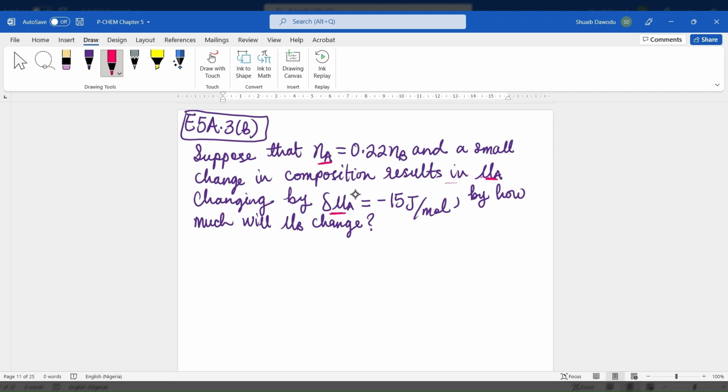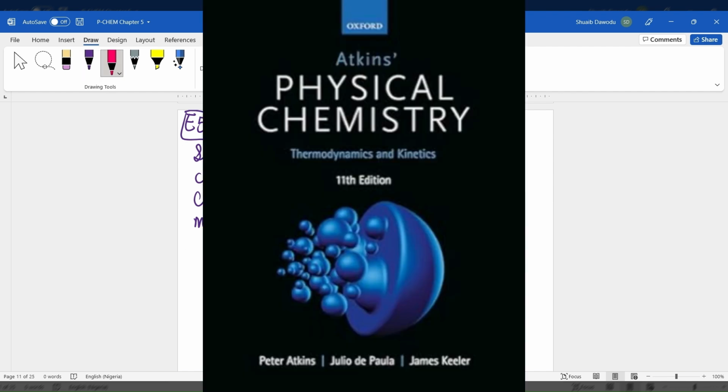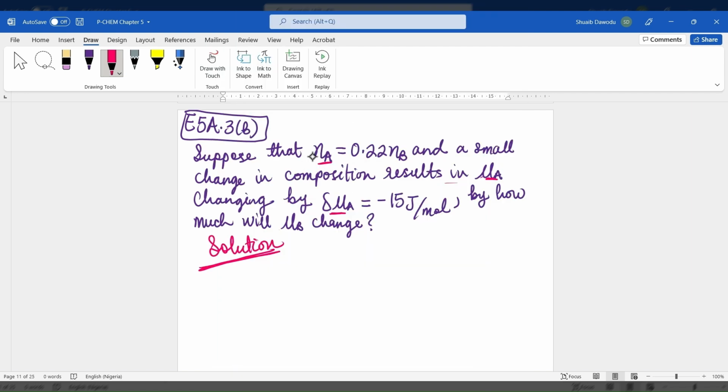For those of you who don't know, this is a question from the Atkins Physical Chemistry 11th edition textbook, and this is how you solve questions like this.